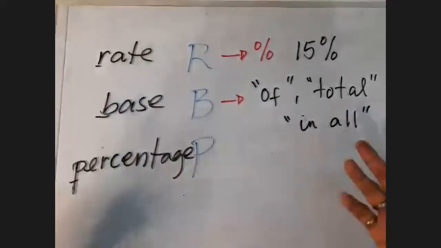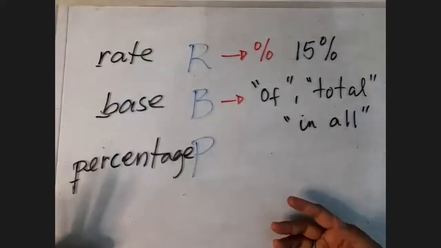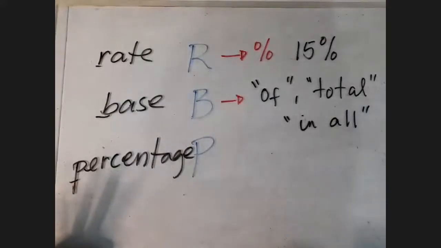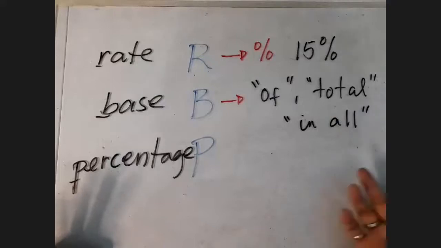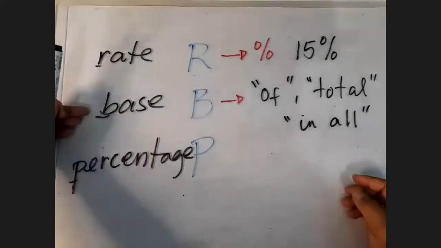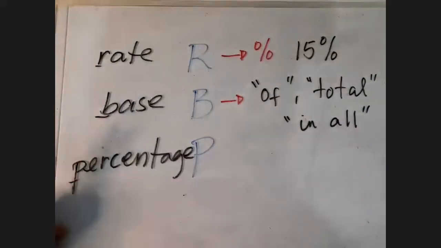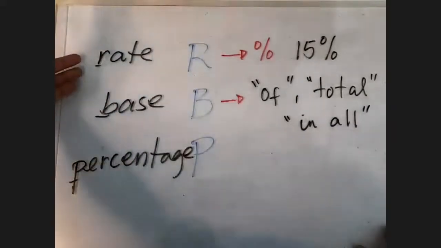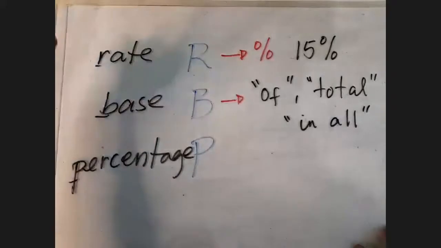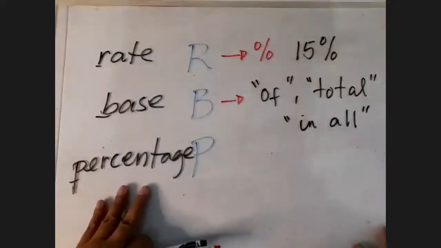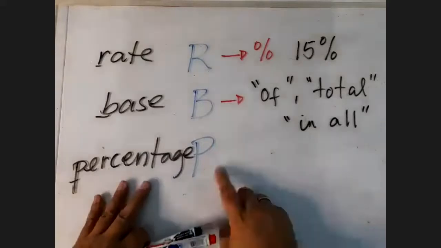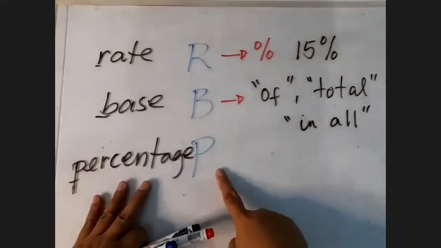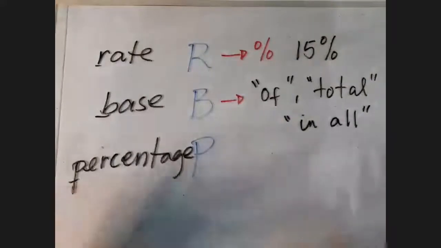Now, in some cases, halimbawa, yung mga problems ng percent of decrease and increase, kagaya ng discount, ng tax, okay? Base is the original number. Okay? Yun ang pinagmulan ng percentage at saka ng rate. Now, if you have already identified the rate and the base, then wala nang problema dun sa percentage because this is the third number. Okay? So, that's how you identify the rate, base, and percentage.